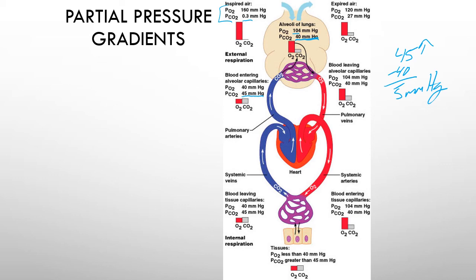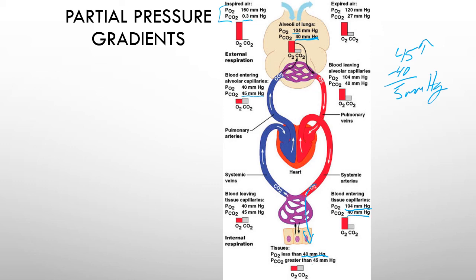Once we get to the tissues, the process just simply reverses. Now we have a high PO2 inside the capillaries, at that 104 millimeters of mercury. The tissues have only 40 millimeters of mercury, and so oxygen quickly unloads from the blood and into the tissues themselves. The reverse is the same for the CO2. We have blood coming into the capillaries at 40 millimeters of mercury.